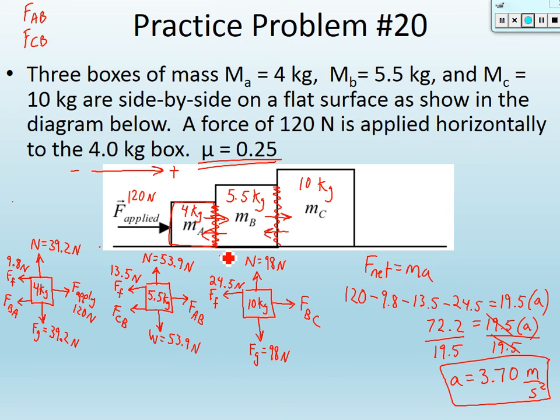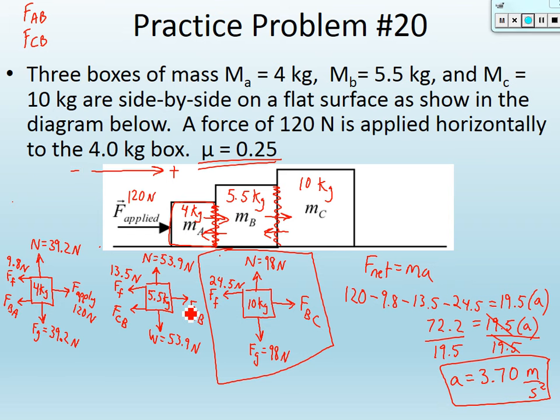Yeah, so what I would recommend, guys, is using this free body diagram first. Let's use Newton's second law, force net equals ma, just on this block by itself. That will give us the force that B puts on C, which is equal to the force that C puts on B. And then we can solve for this one because that's our only unknown force.